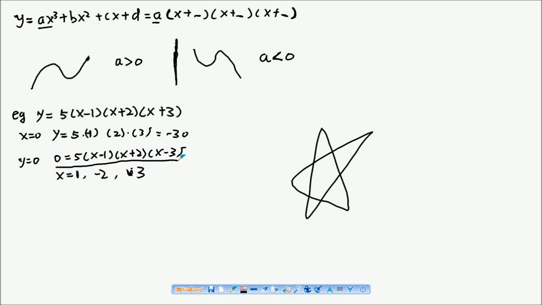That's how we solve this one. So we have 3 x-intercepts and 1 y-intercept. Let's sketch the graph.